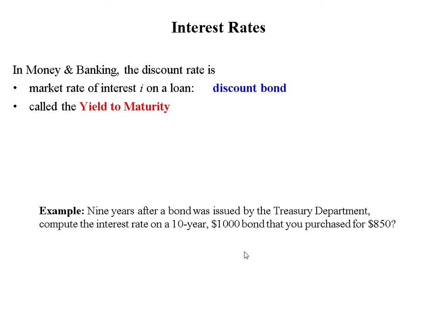Okay, what about this example? 9 years after a bond was issued by the Treasury Department, compute the interest rate on a 10-year $1,000 bond. Now, when you buy it, there's only 1 year left. So you can think of this as a discount bond because you paid $850 today, and in 1 year you only get $1,000.